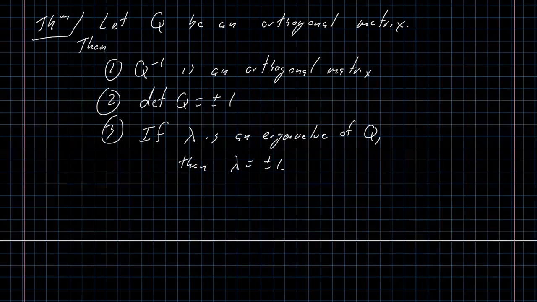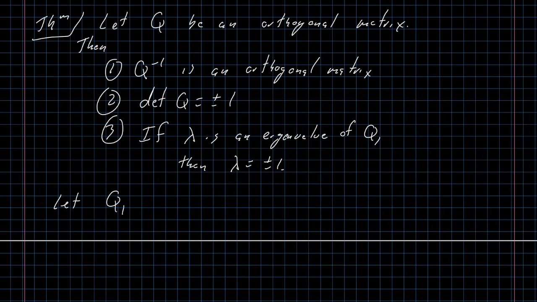For any orthogonal matrix Q, I claim that Q inverse is an orthogonal matrix, the determinant of Q is either 1 or -1, and if we have an eigenvalue of Q, that eigenvalue must be positive or -1.